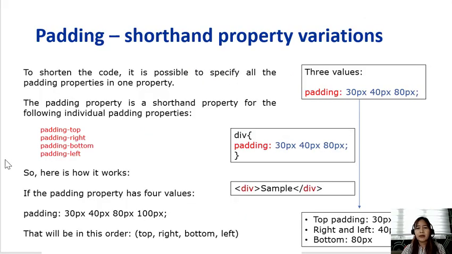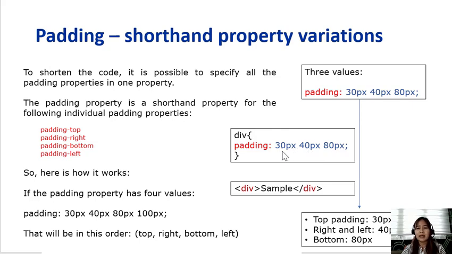Okay, so moving on, we're going to discuss padding using only 3 values. So what happens if you only specify padding colon and then 3 values that will follow after it? So if you use div, for instance, and then specify padding 30, 40, and 80 respectively. Notice that there are only 3 values. What does it mean?